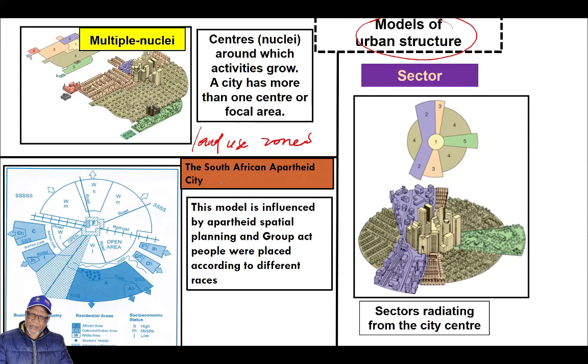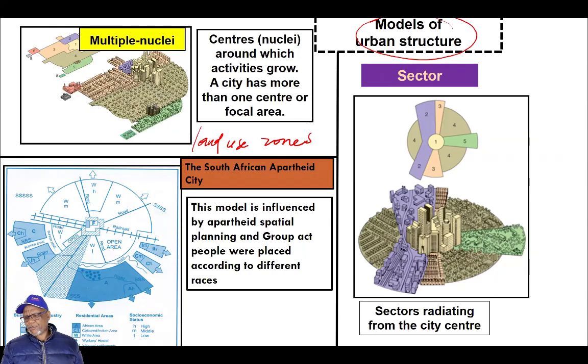This model is simply influenced by apartheid spatial planning and group areas acts, where people were placed according to different races. So this is the long and short of the South African apartheid city. And then we have another model called the sector model. So what does the sector model show?